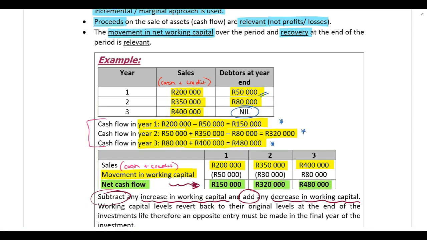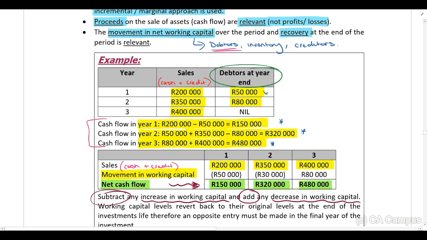So look at your debtors, because please remember, guys, working capital is just made up of my debtors, my inventory, and my creditors. So in this basic example, we are just talking about debtors for now. I will address inventory and creditors just now. So look at your debtors balances.